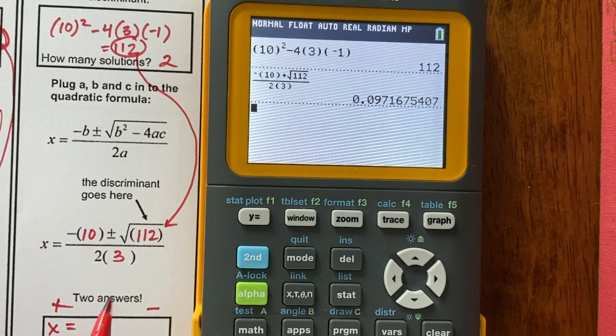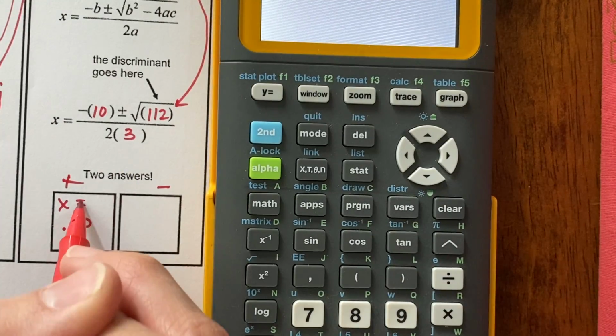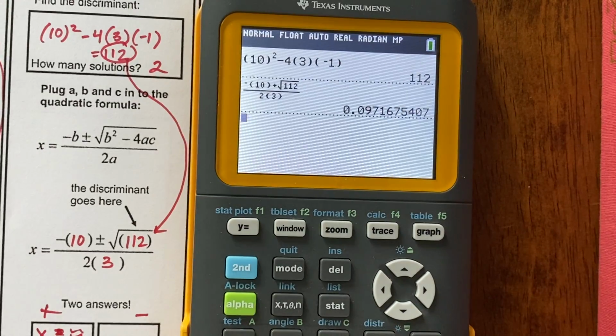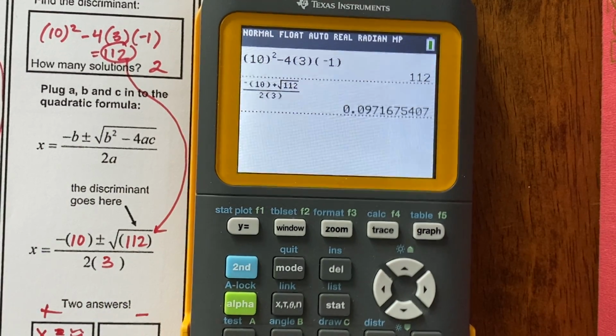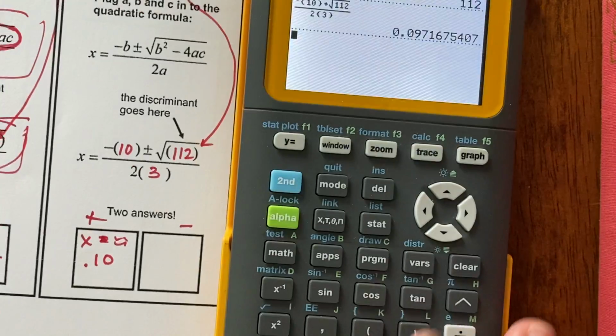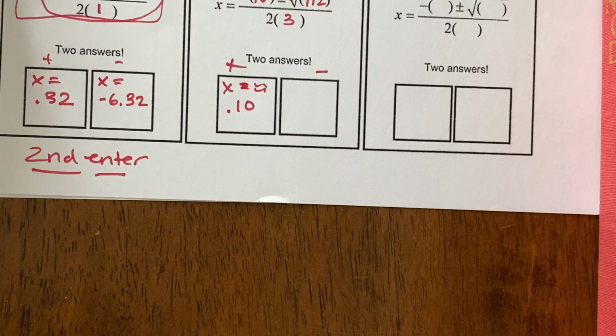And I should, this entire time, by the way, be putting approximately equal to, because these are all approximate answers. The real answers are actually like you leave the radical that way, but we're not going to do it that way. All right, and remember to get that to come up again, I hit second enter.